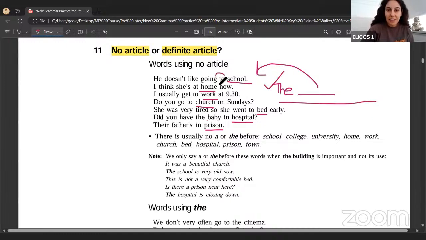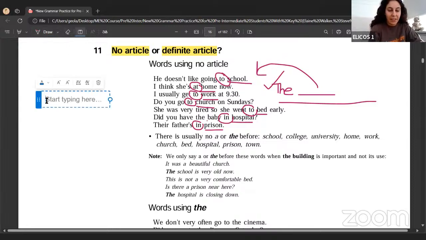But because it's after a preposition, remember all these prepositions, at, to, in, you never use an article after prepositions. That's the rule that I would be writing. So no article after prepositions. Remember, that's your words to, at, and in, especially these ones.